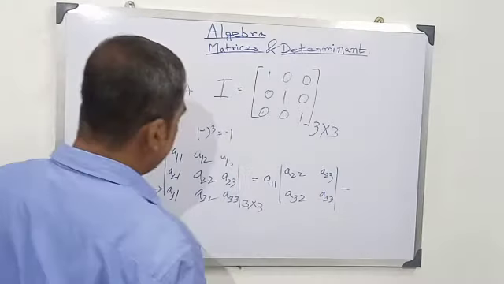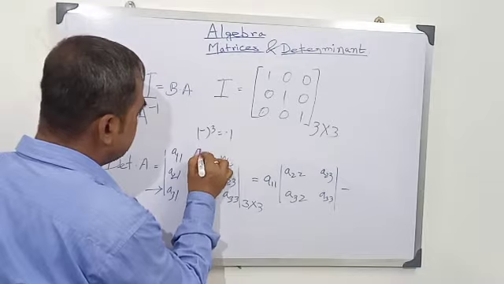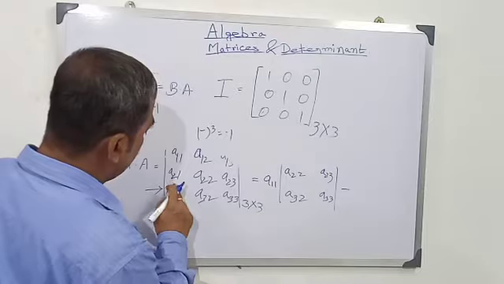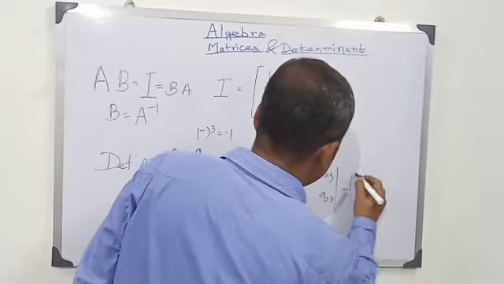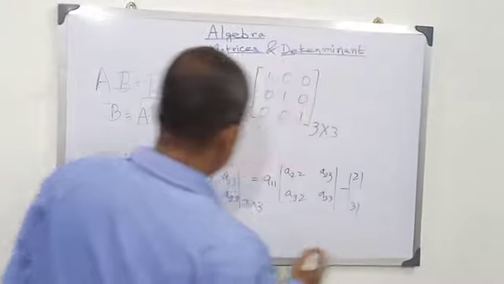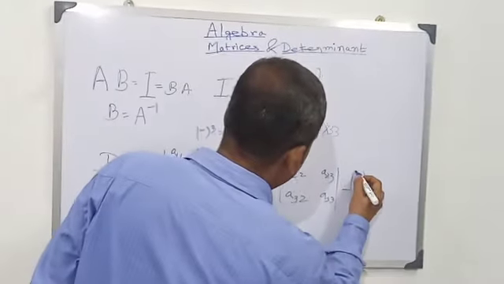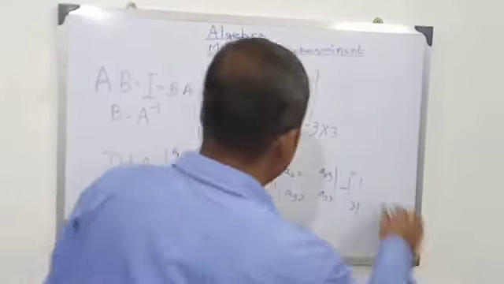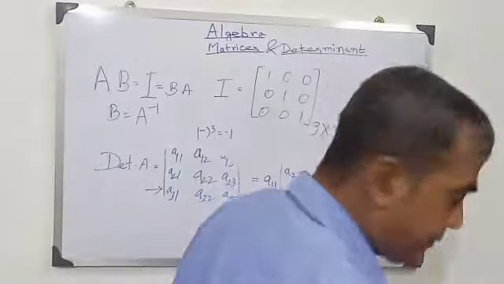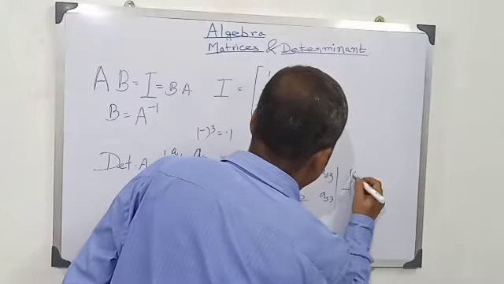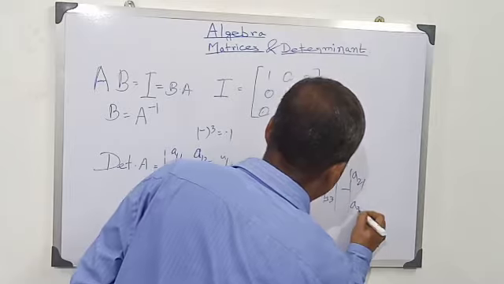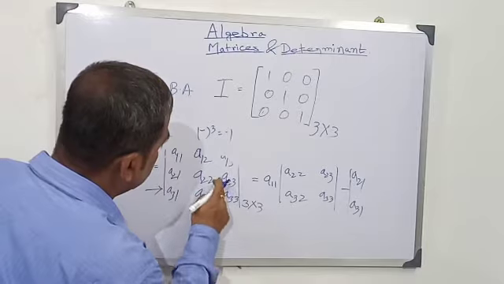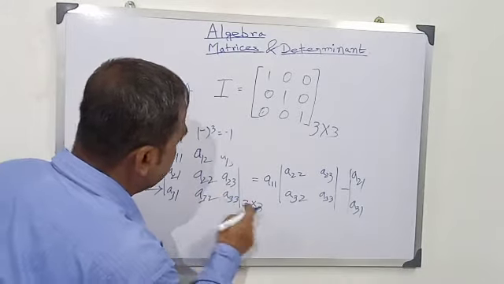So for this expansion we have minus. Now we omit this row and column, so a21, a31 are taken, and the cofactor determinant is a23, a33.